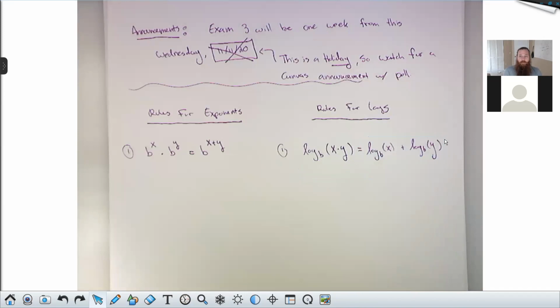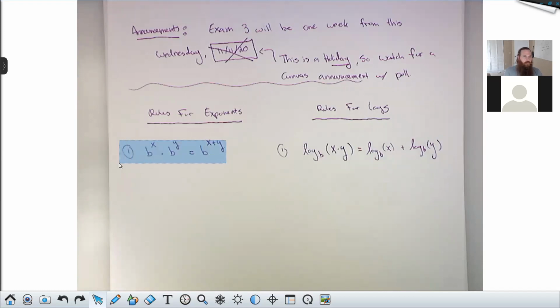Or maybe somebody hands you a sum of 2 logs. As long as the bases match, you can take that sum of logarithms and rewrite it as a single log where the inside is the product of the insides from the separate logarithms. So this rule that says multiplication inside a log is the same as addition outside the log is really the logarithm version of this rule for exponents.